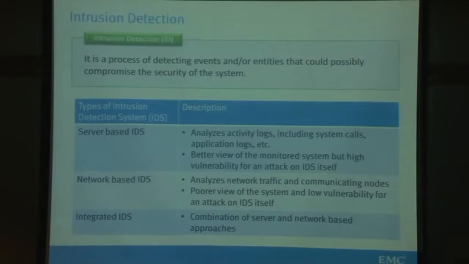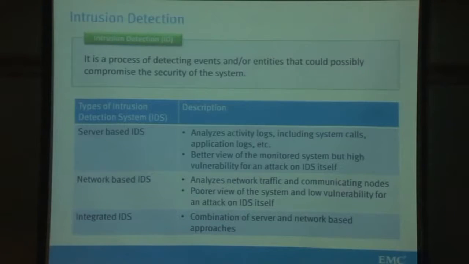So intrusion detection software is available, both at server level as well as at the network level. At network level they do packet filtering, so they sniff the network traffic and take each of the packets, analyze it and see whether there is a pattern of attack in that network traffic.